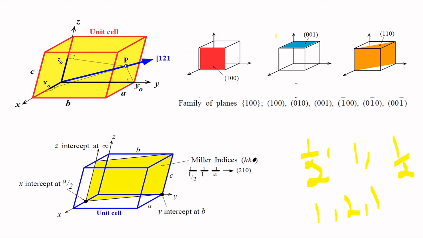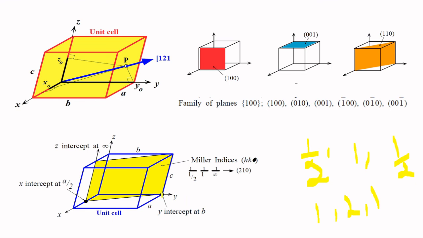Similarly, here this is the front plane of the cube, 1 0 0. This is the top plane, 0 0 1. And this one is inclined through the center part of the diagonal; it is 1 1 0. Similarly, for this plane inclined in some position with respect to x and y, in x it is at the mid, 1 by 2.